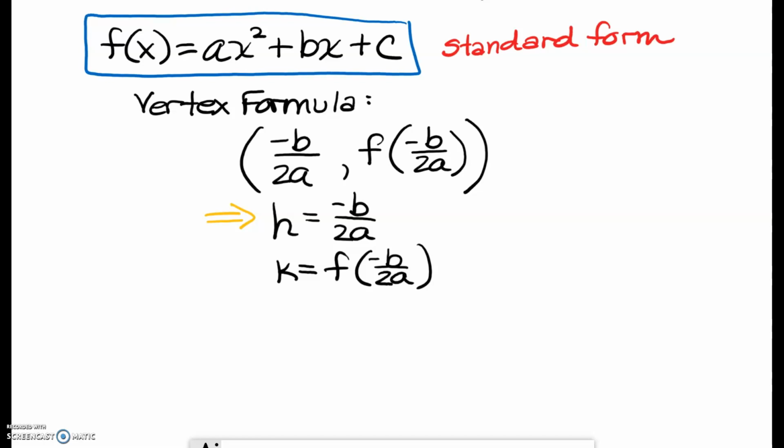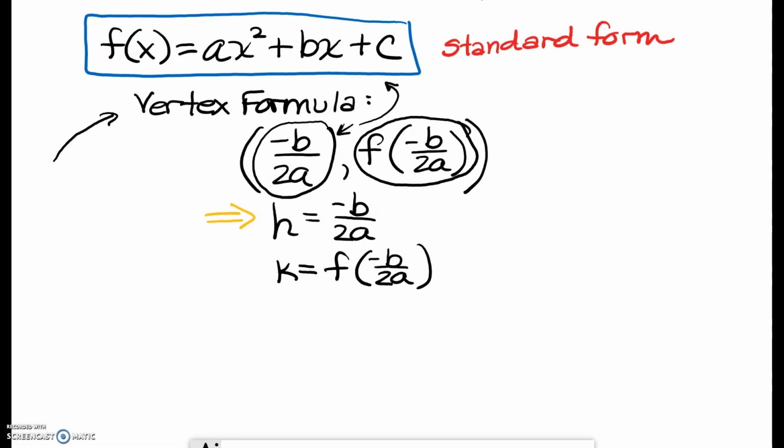Well, we have something called the vertex formula right here, where you can calculate the vertex. To calculate the x part of the vertex, it's negative b over 2a. To calculate the y part, we just plug negative b over 2a, whatever this calculation is, back into our function to get our k value, or to get our y value.